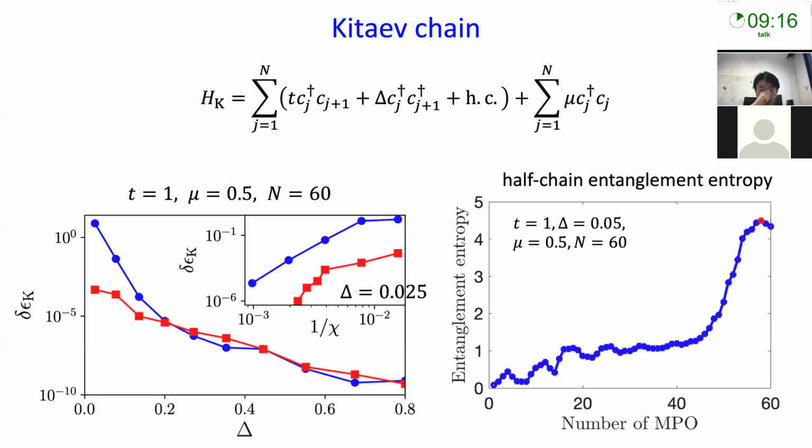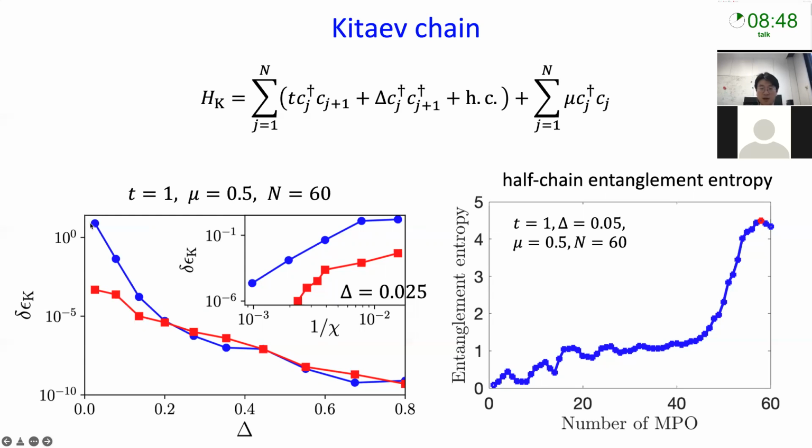Again, in order to benchmark the performance of the Pfaffian method, we use the Kitaev chain as an example. We prepare the ground state of the Kitaev chain using either the Pfaffian method or the MPO-MPS method, at the same bond dimension. We use the energy deviation to quantify the performance of those two methods.